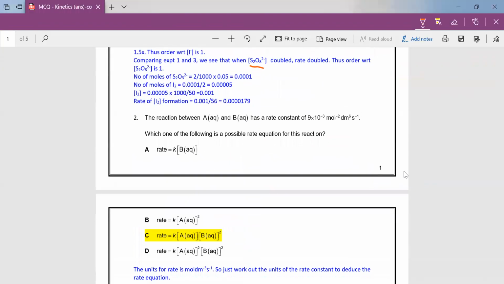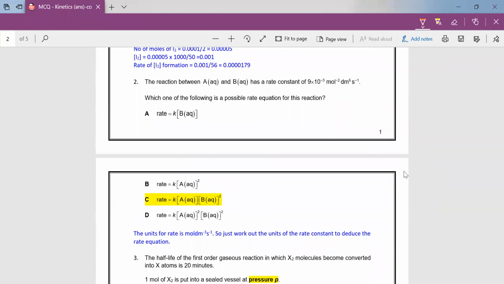Okay, question 2, reaction between A and B has a rate constant as stated. Which one of the following is a possible rate equation? Okay, so we're going to just base it on the units. So we can just work it out and we can deduce the rate equation.